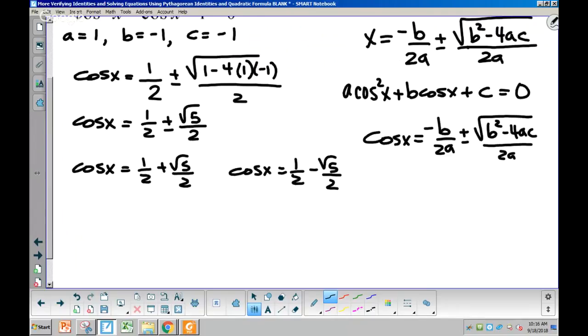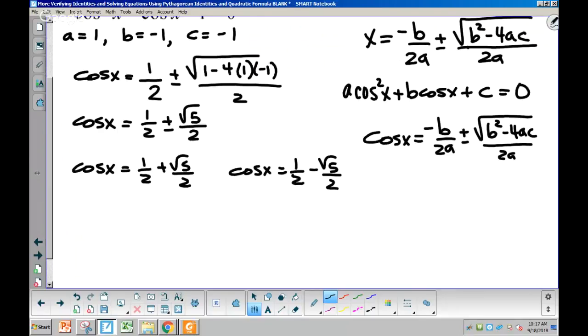Now, clearly, 1/2 plus root 5 over 2 is not one of the standard values we know on the unit circle, is it? So let's do a little bit of analysis here. 1/2 plus, well, what is root 5? Slightly more than 2, because the square root of 4 is 2. So root 5 over 2 is going to be slightly bigger than 1.